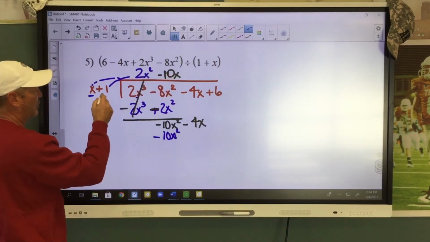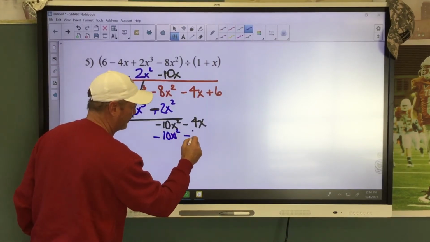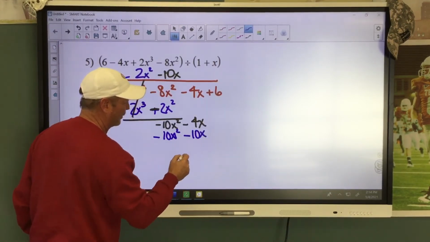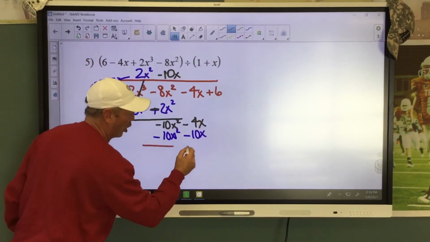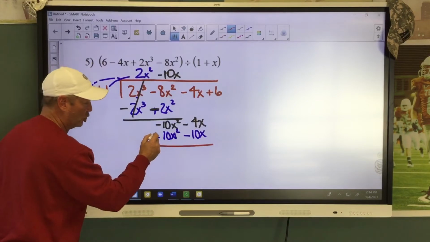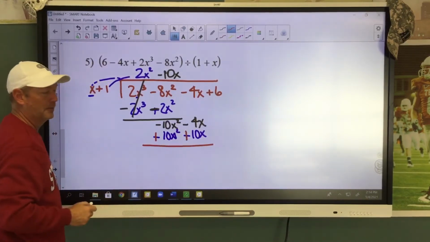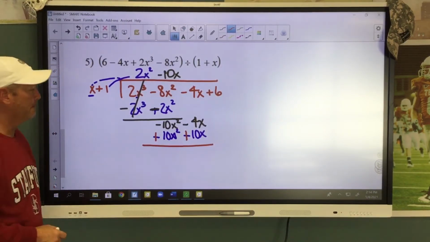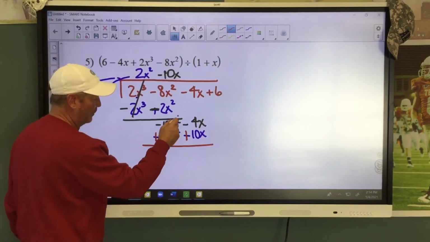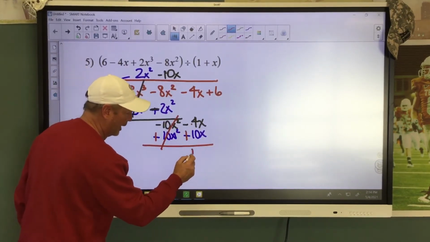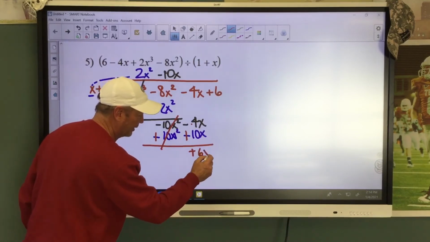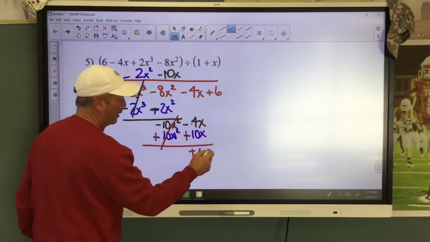Negative 10x times 1 is a negative 10x. When we're finished, draw a line, change both signs. You have to change both signs. This will cancel. A negative 4 and a positive 10 leave me with a positive 6x. Bring down the plus 6.